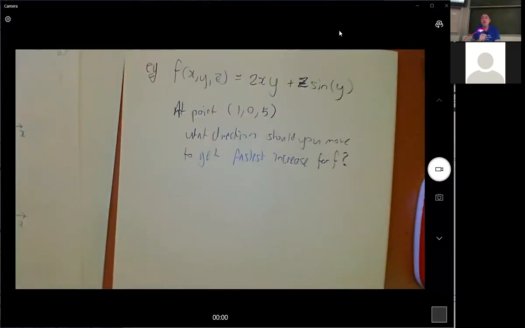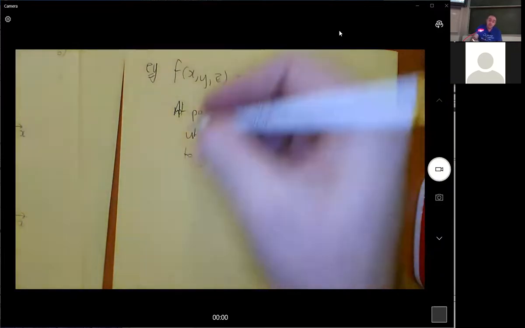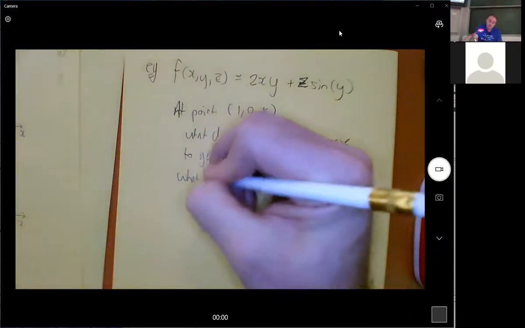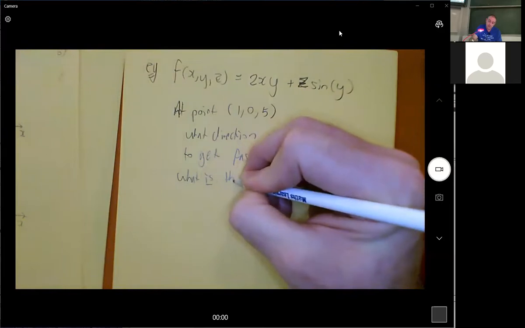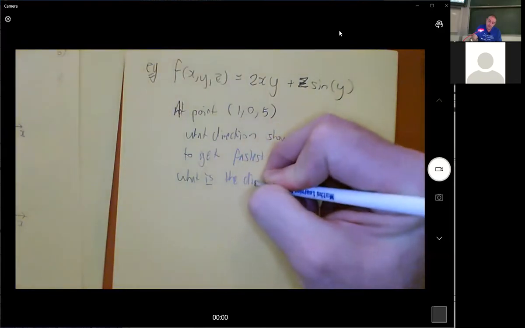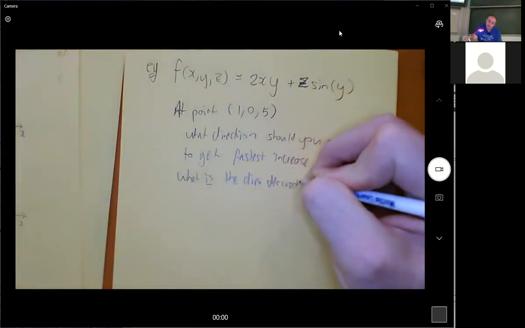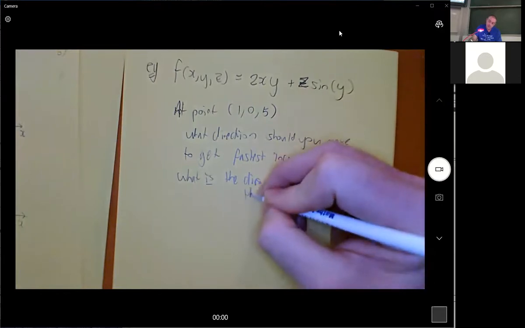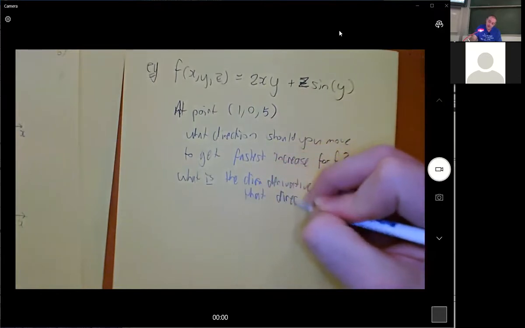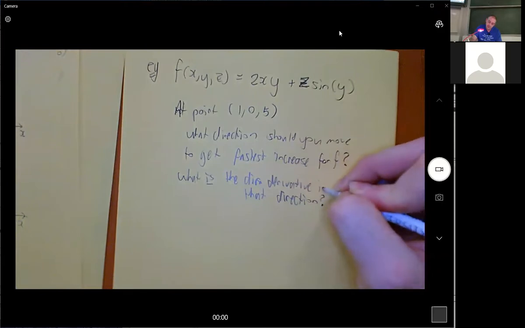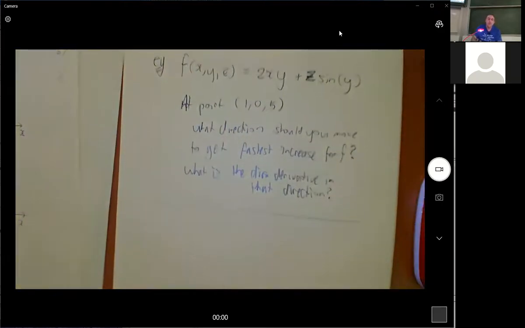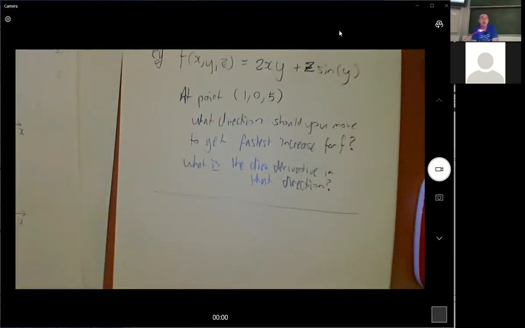And that answer is the direction of the gradient vector. And what is the directional derivative in that direction? Okay, so if I'm going to calculate a directional derivative, no matter what, I need the gradient first.